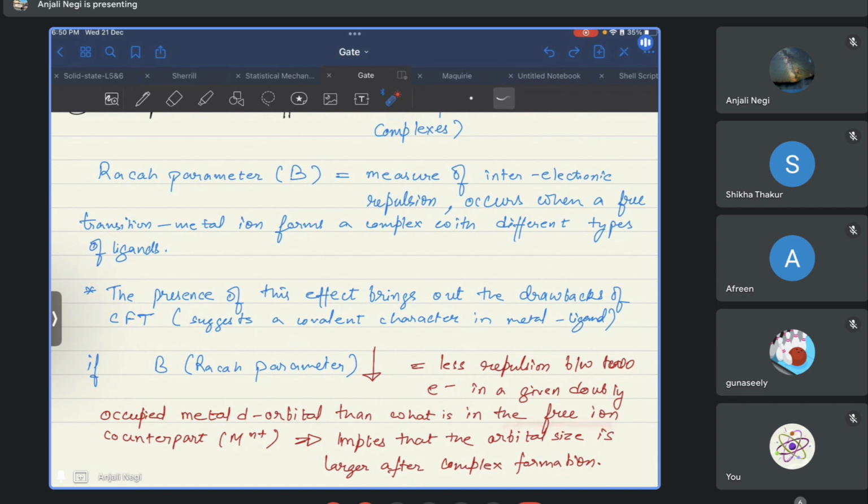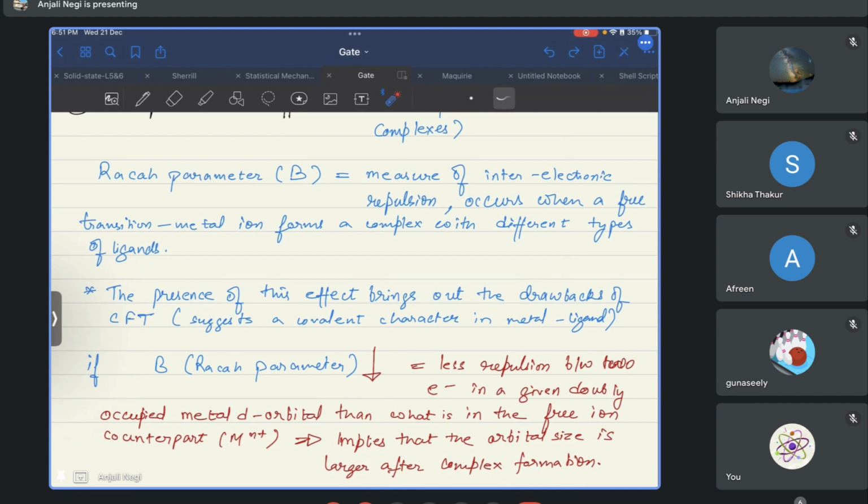It implies that the orbital size is now larger after the complex formation. If the repulsion is less, the orbital size is larger, meaning the electron cloud must have been distorted or expanded.